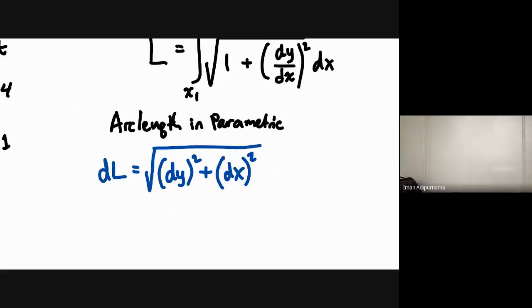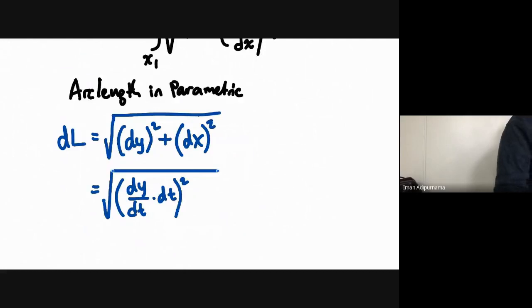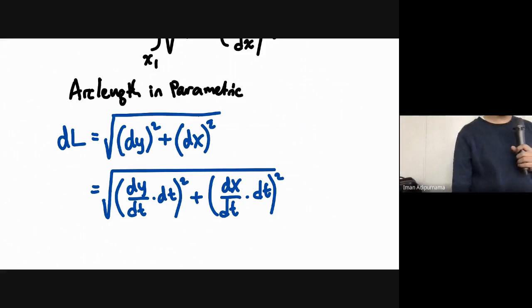Now we need to do some manipulations here. I will divide everything by dt and multiply by dt. Divide and multiply. This is also the same: dx over dt and multiply by dt.